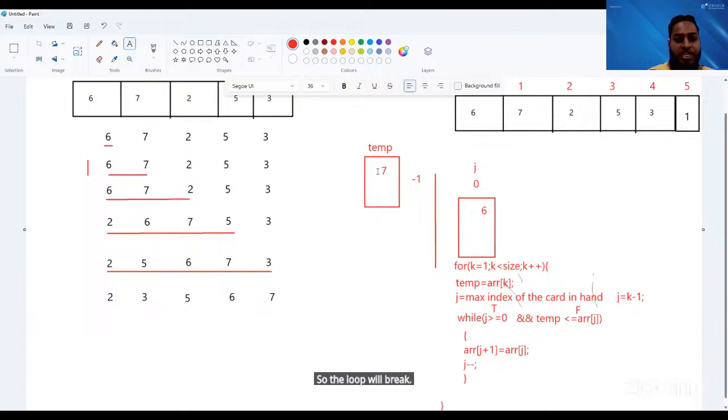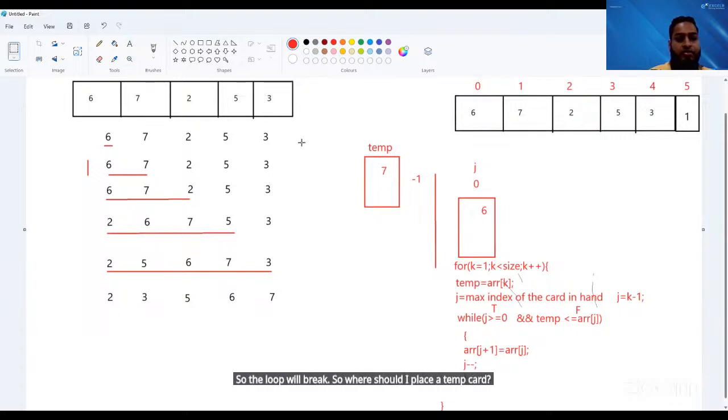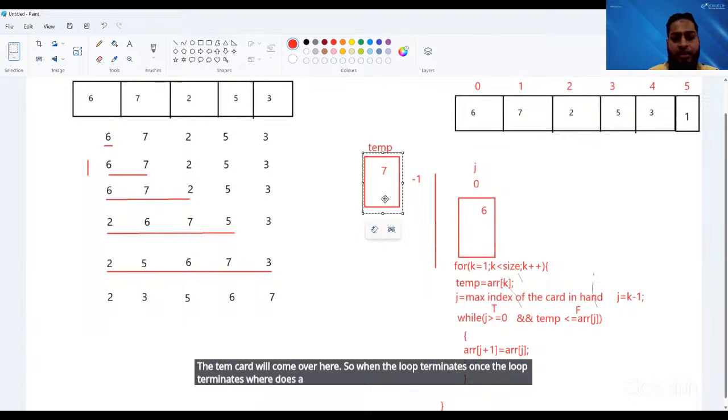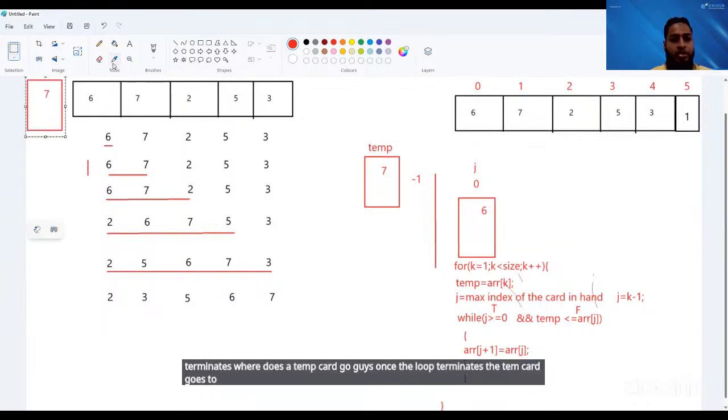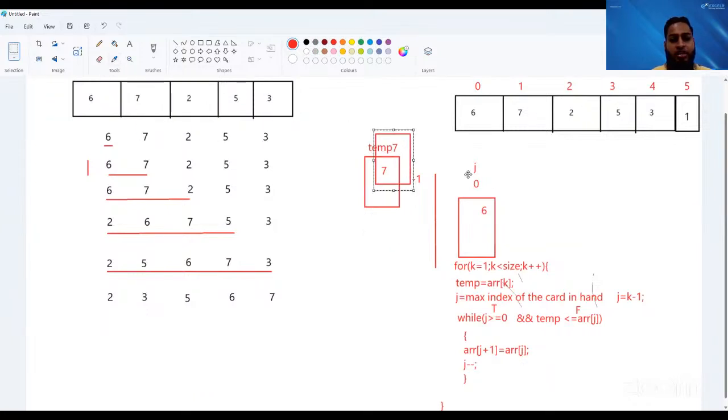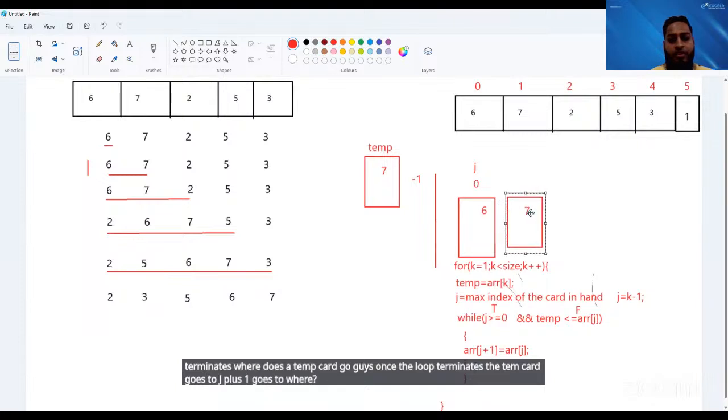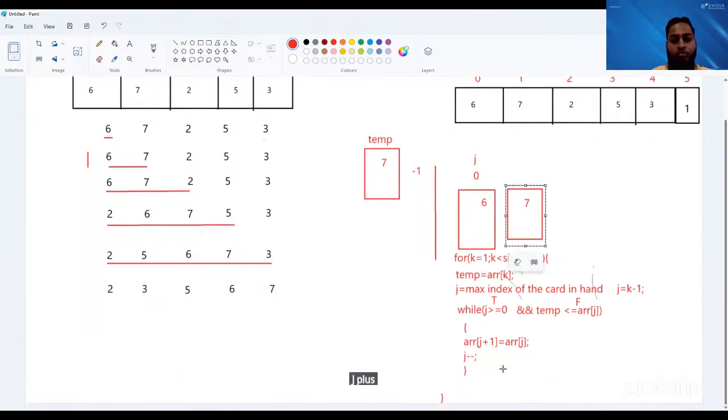So where should I place the temp card? The temp card will come over here. Once the loop terminates, where does the temp card go, guys? It goes to J plus 1. That's why I kept a gap over here.